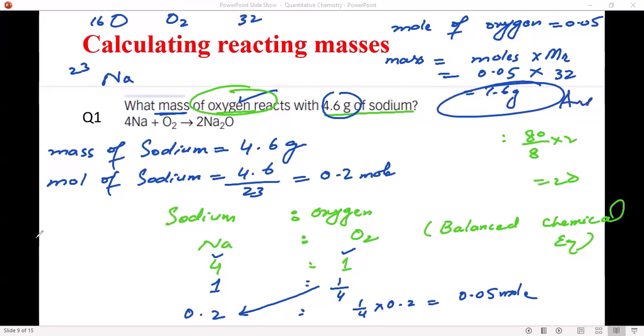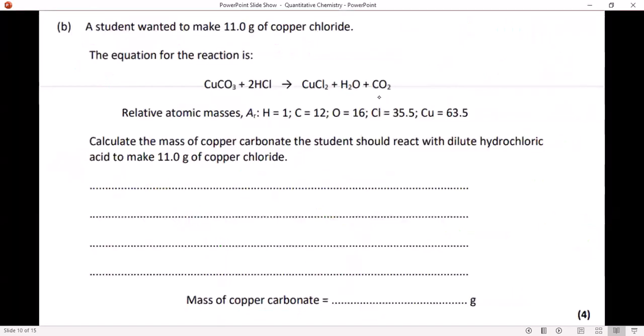Interesting. Go over this. I need to erase everything. Jumping to the next question. You can see the question looks like a past paper question. A student wanted to make 11 gram of copper chloride. The equation is given here. Copper carbonate reacts with hydrochloric acid, and copper chloride is produced.